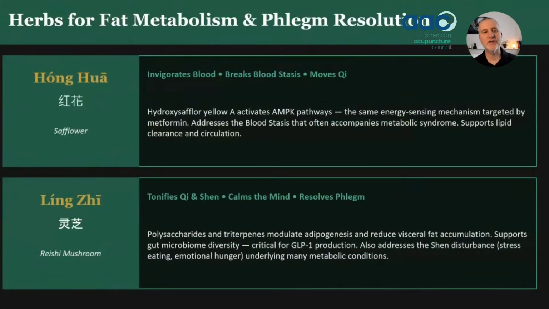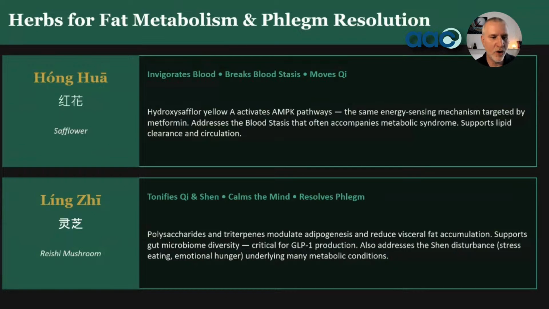I also wanted to add two other herbs that we don't necessarily think of so much, but they're very important for fat metabolism and phlegm resolution, and also help with regulation of the lipids in our blood.